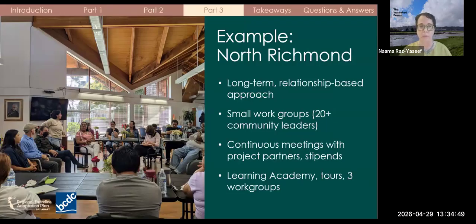We met monthly with technical teams, both at the design table through multiple site tours, and the community leaders were compensated for their time with us because we consider what they're doing with us as work. In these meetings, community members and the technical teams, planners, engineers, designers, and the project owner, the West County Wastewater District, worked together.